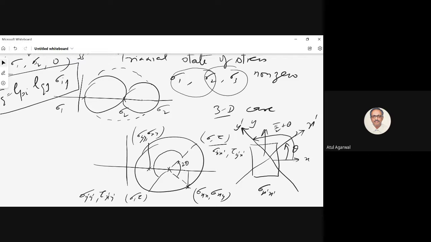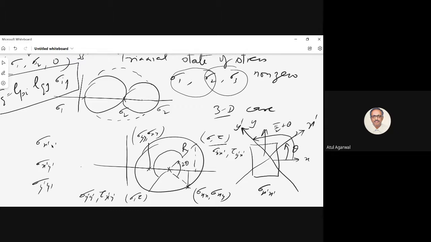So you are able to define sigma x prime, sigma y prime using this Mohr circle. All those formulas can be derived. Is it all right? So this can be found by geometry. You know the middle point, you know the radius.